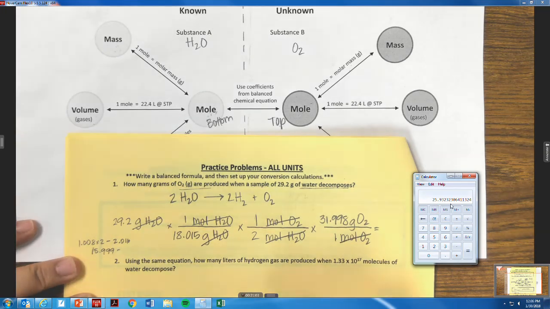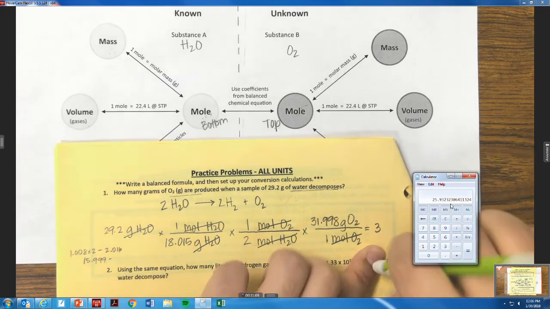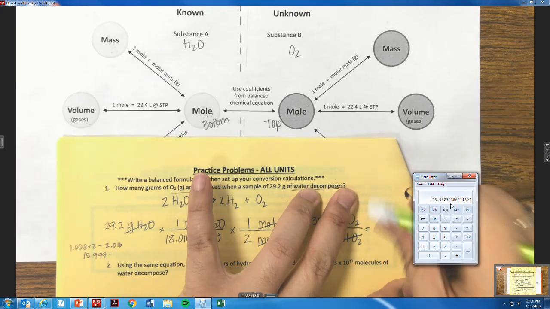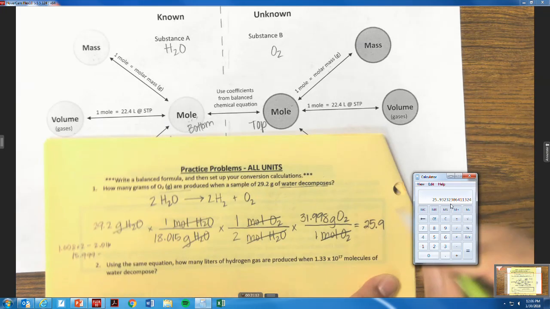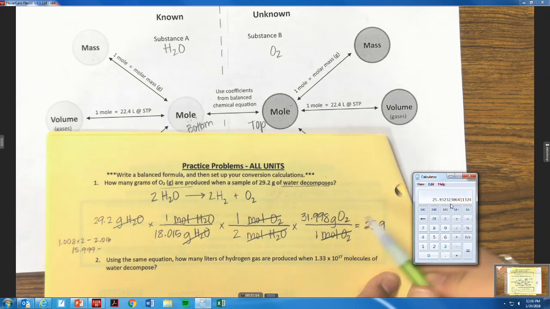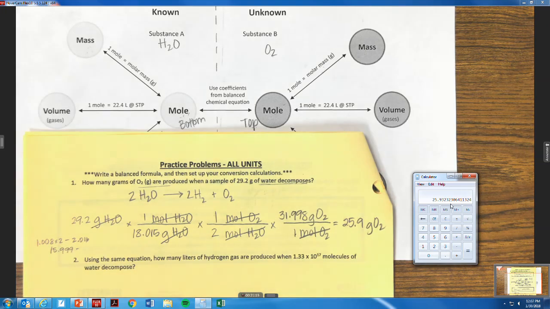That's 3 significant figures. The answer is 25.9, and the unit that we're left with is grams of oxygen, so grams of O2.